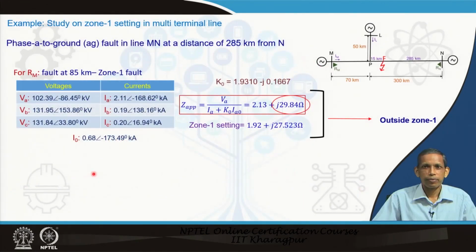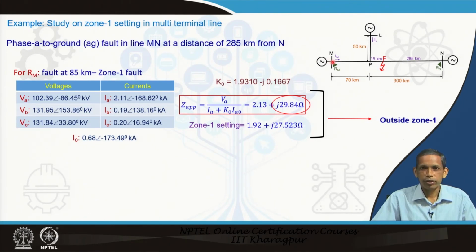Now, we will see, for a phase A to ground fault in the system, how the corresponding zone 1 setting is good enough or not. For this, in the system, a phase A to ground fault is created at 85 km from bus M, which happens to be in zone 1.